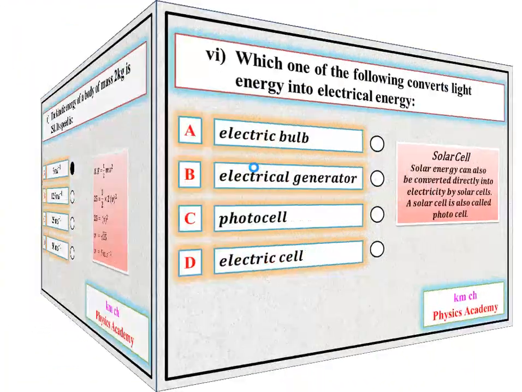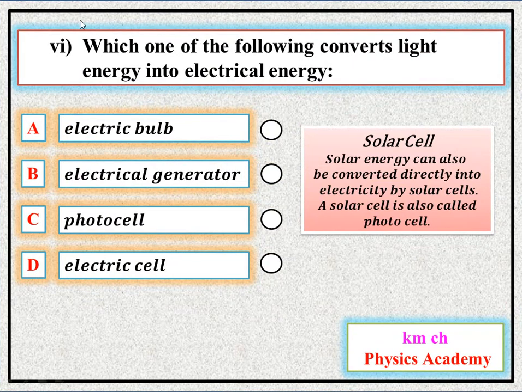Question number 6. Which one of the following converts light energy into electrical energy? Option A is electrical bulb. Electrical bulb gives light and it consumes electric energy. B, electrical generator.